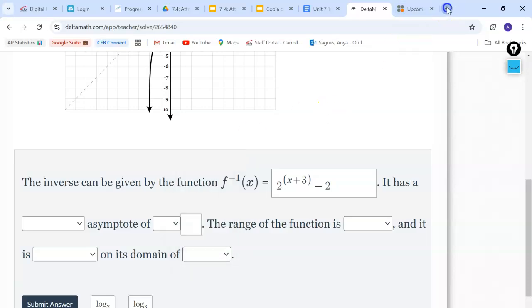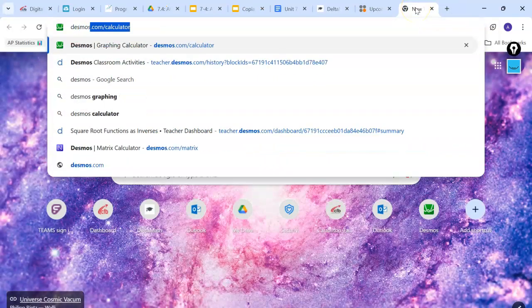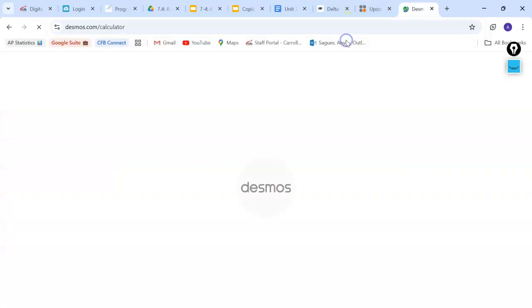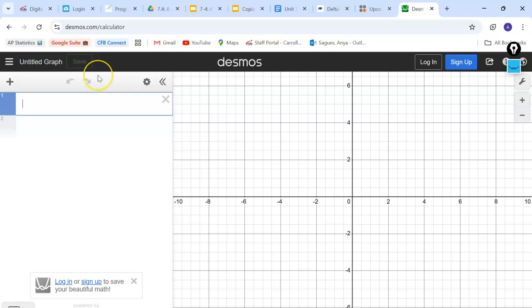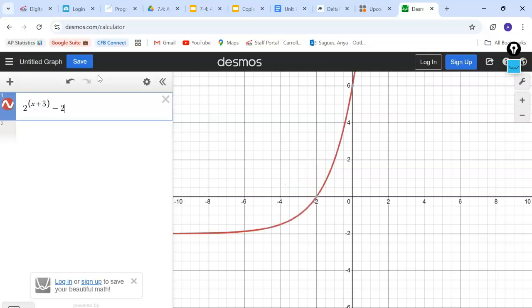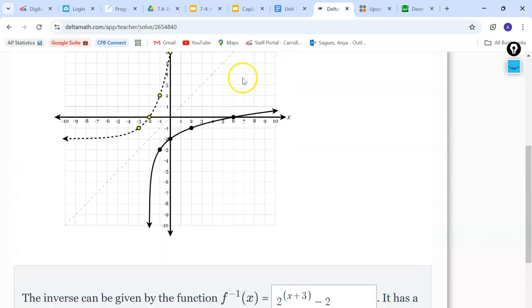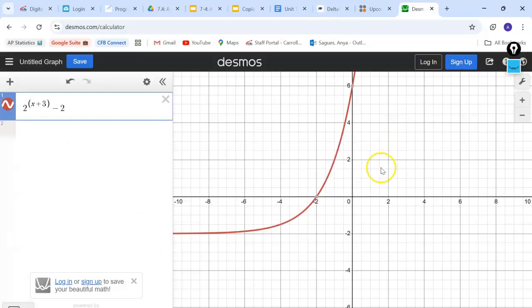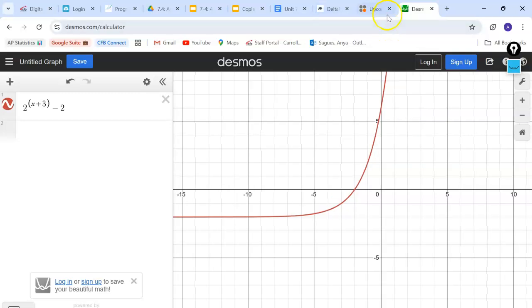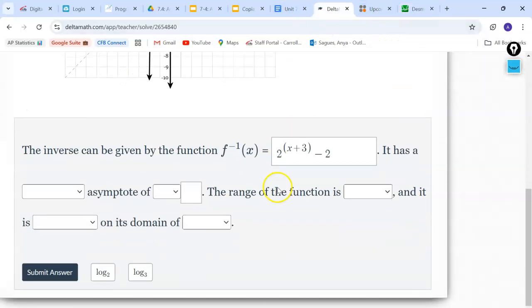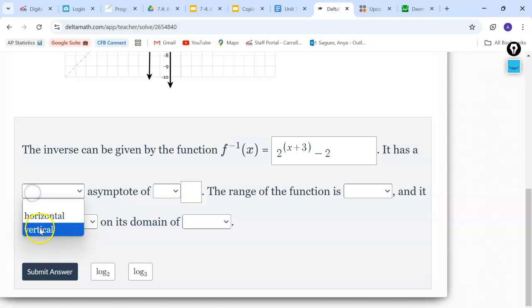So we're going to go to Desmos, and we're going to type this function in there. So it's 2 to the x plus 3 minus 2. This is also a great way of checking that your graph on here looks like your graph on Delta Math. So it does, cool. All right, so the first thing it asks is if it has a horizontal or vertical asymptote.